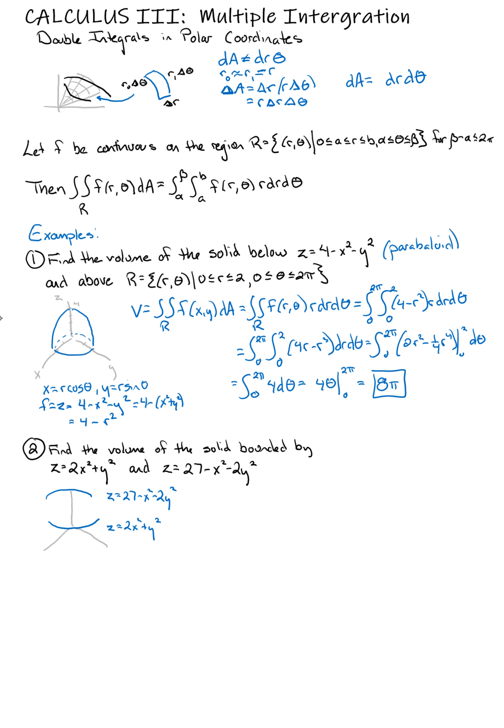We want to find the volume of the solid bounded by z equal to 2x squared plus y squared and z equal to 27 minus x squared minus 2y squared. Again, these are also paraboloids.